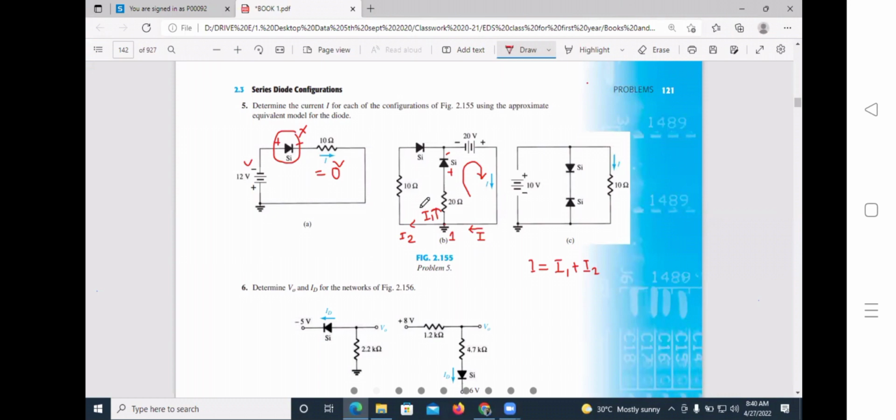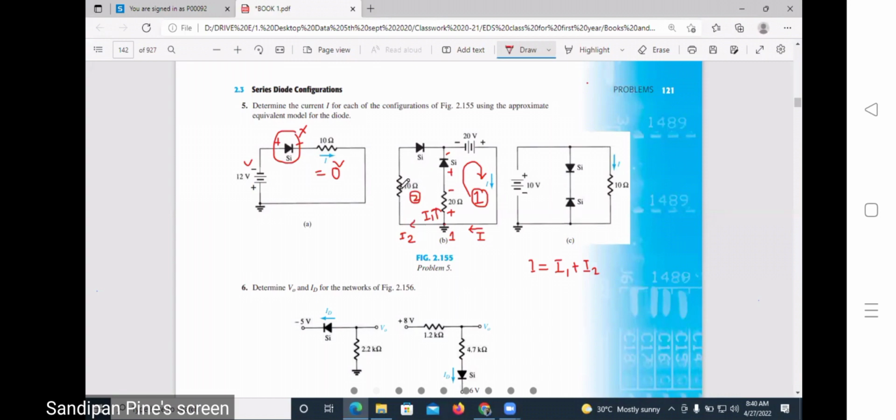Now you can see there are two loops. Two unknowns are there, I1 and I2. So obviously two equations we require. Suppose this is loop 1 and this is loop 2. So I1 is going from bottom to top, so across the resistance, this side plus, this side minus.